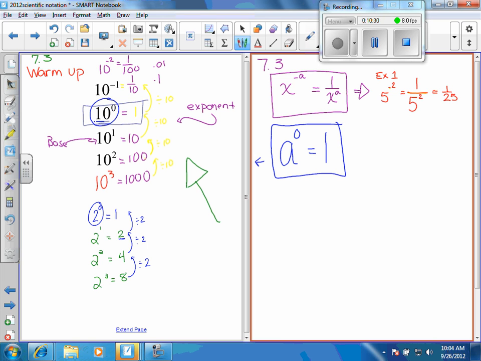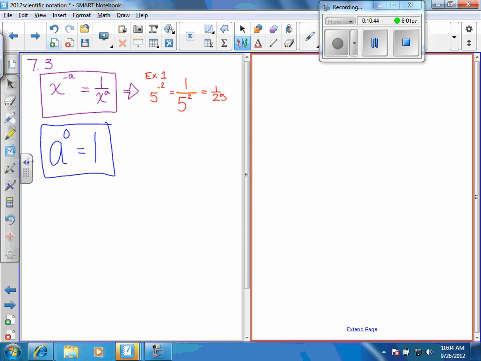to the third thing when we have division problems. Because yesterday we did exponents and multiplication, and today we're going to focus on exponents and division. So I'm going to bring in another page and talk about how exponents work with division. So a sample problem is probably the best way to start this.